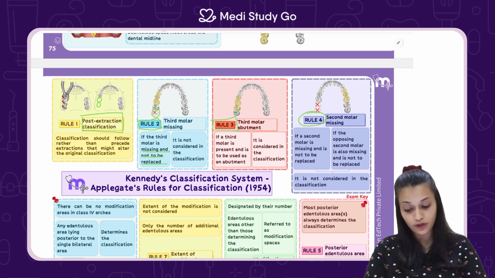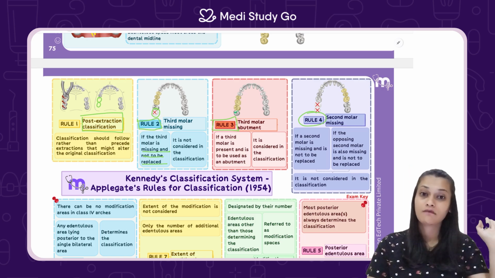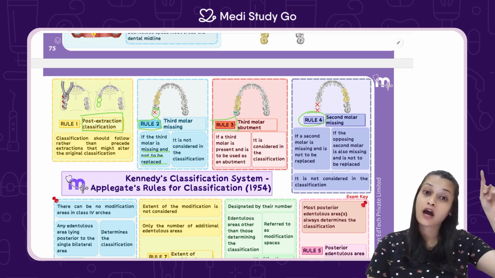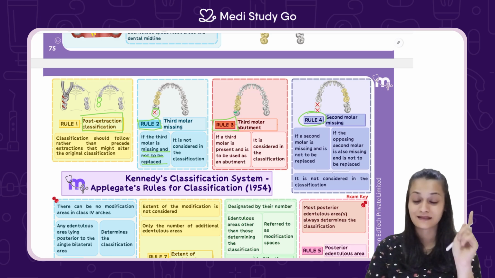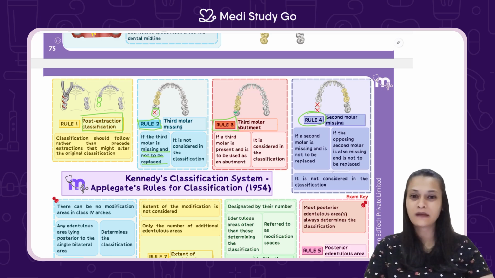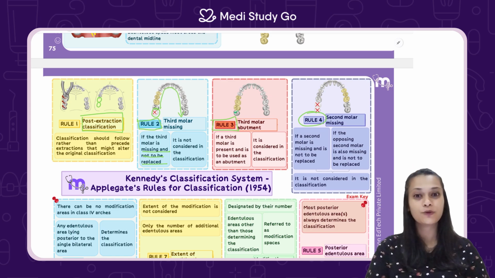I will say third molar is missing, I'm never even going to replace that, but there are 8 teeth, so now I will consider that as class 2 always because 8 is usually missing. That's not the case. If you're not replacing it, don't even take it into your classification. You start from 7 to 8.